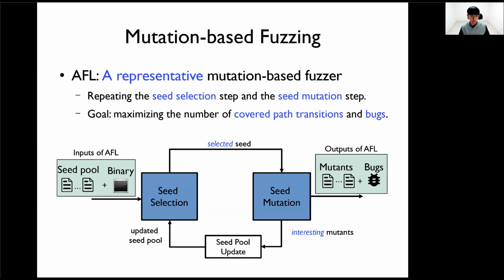Then as a final output, it returns a number of generated mutants, more precisely, interesting generated mutants and found bugs. And as we learned before, the interesting mutants denote the mutants that succeed in finding new bugs or executing new paths.